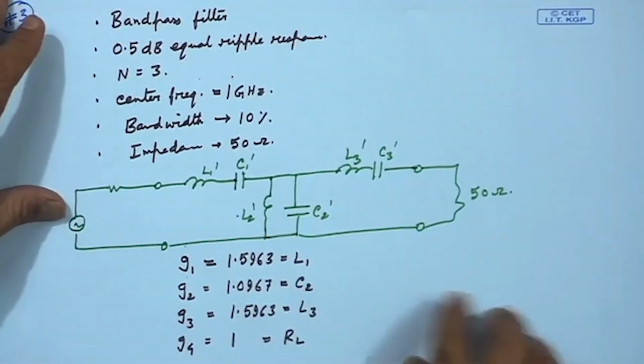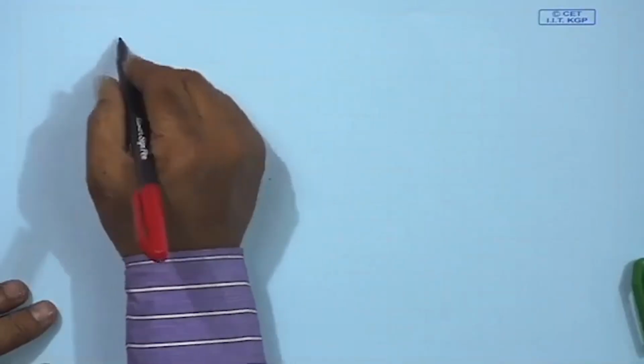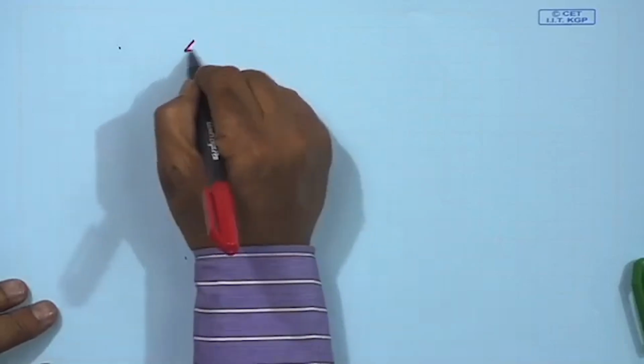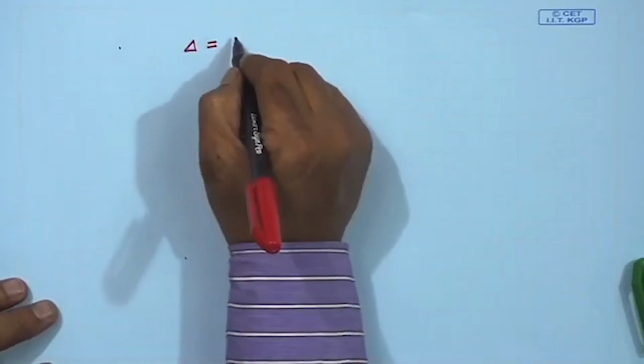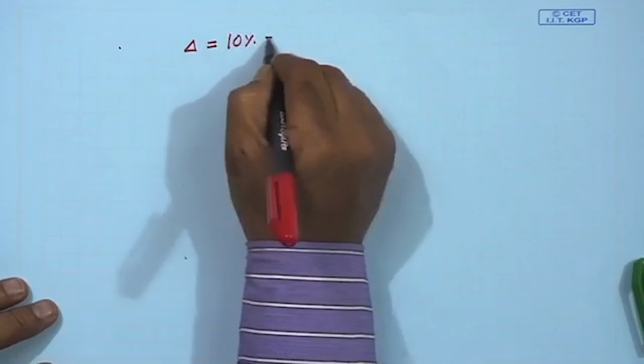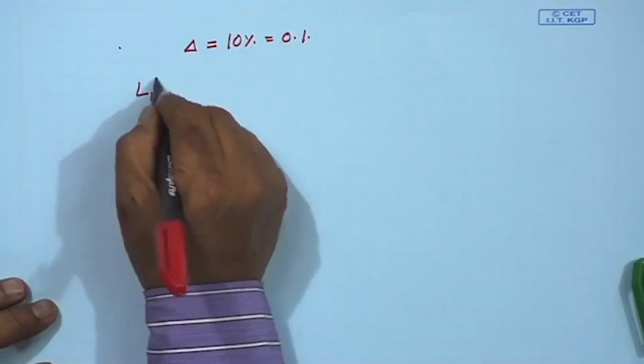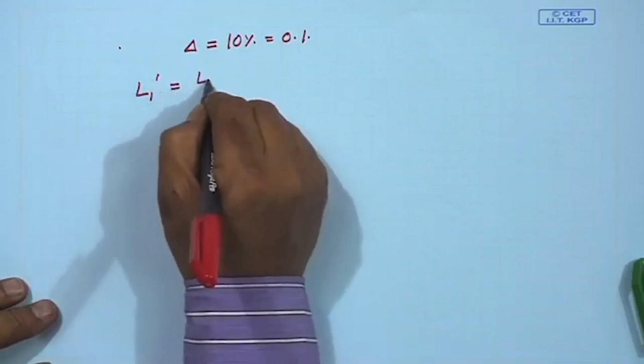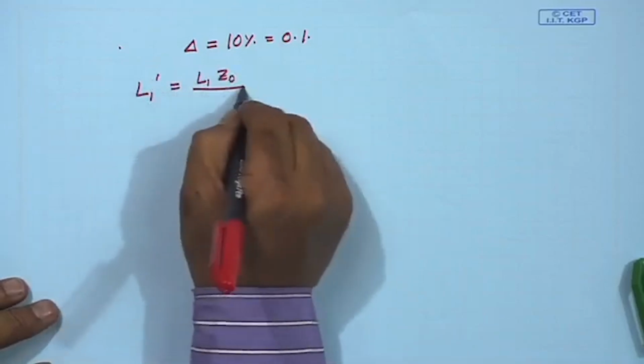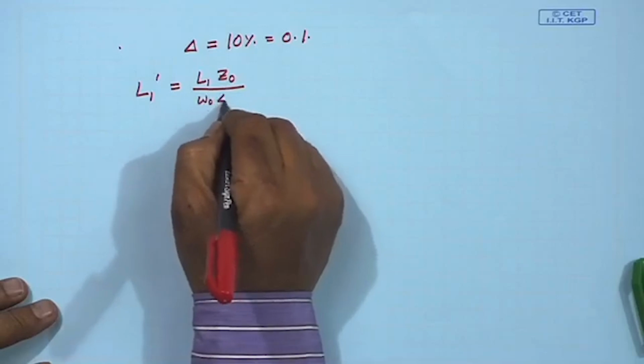Now, you can easily find out L1 dashed, C1 dashed from L1. What is that? Before that, what is the delta value? Delta they said 10%, that means 0.1. So, what is my L1 dashed? L1 dashed is L1 Z naught by omega naught delta.